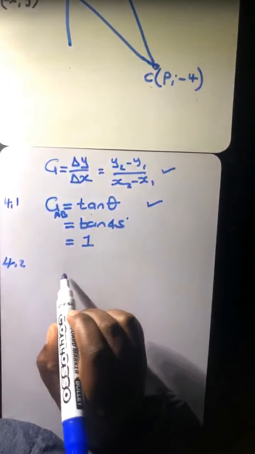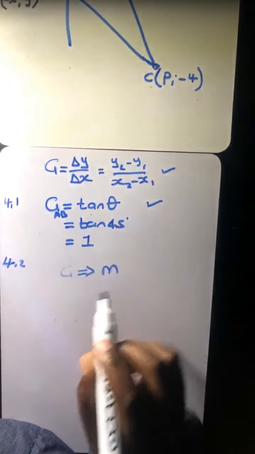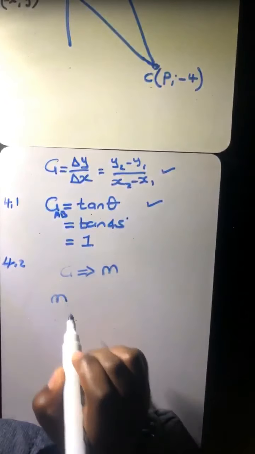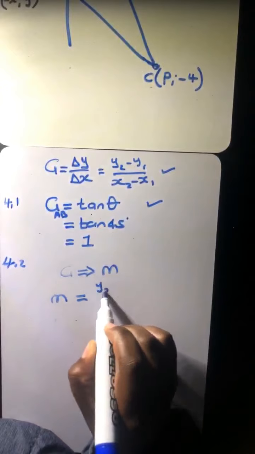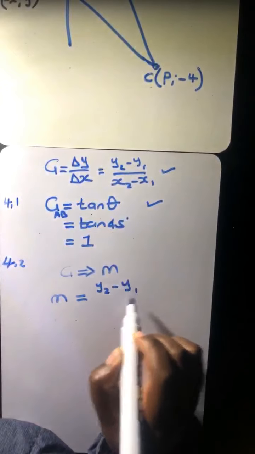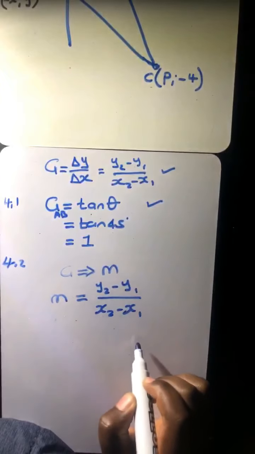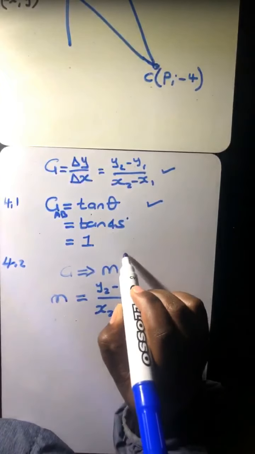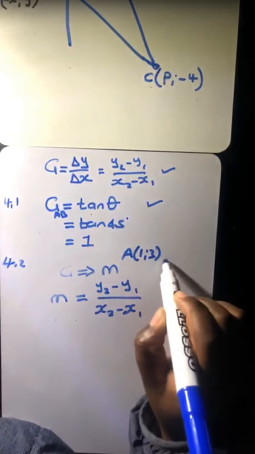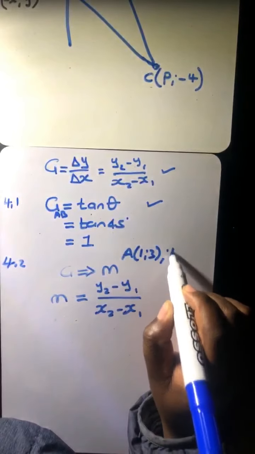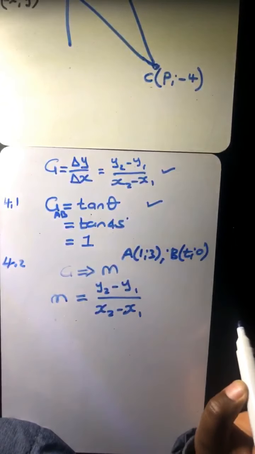So in terms of the gradient, it doesn't matter whether you refer to the gradient as G or M. So normally they can still use small letter m, and m equals y2 minus y1 over x2 minus x1. But remember, the coordinates of A, we have 1 and 3 there. And then again, we have B being T and 0 there.